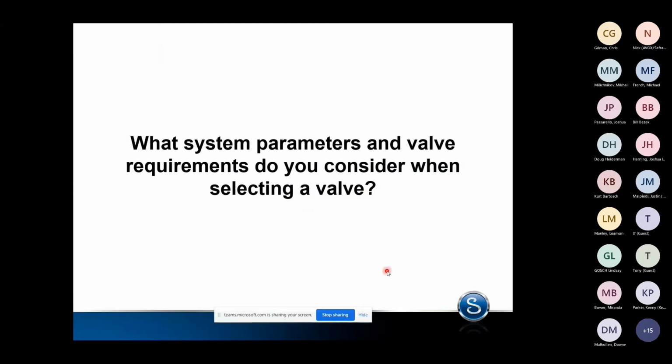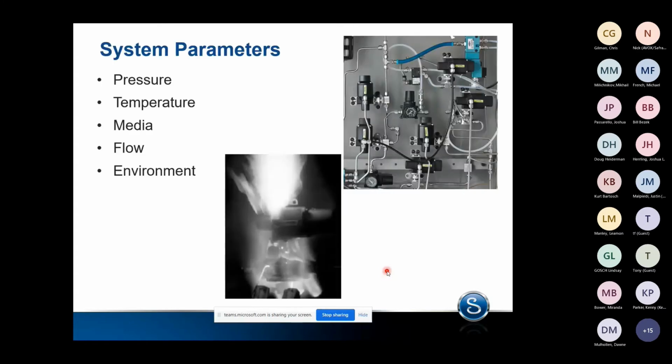So when we're selecting a valve, there's a couple of things we should be paying attention to. What system parameters and valve requirements should we be paying attention to, and which ones do we not need to pay attention to? It's difficult to ask a question of 20 or 40 participants, but in general, when you're looking for a valve, there's a couple of things that should jump right out at you: I need to know if the valve can handle these parameters.